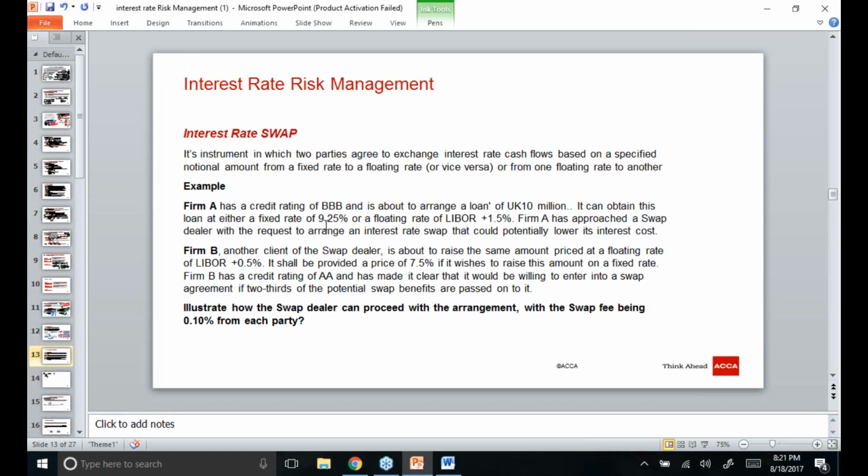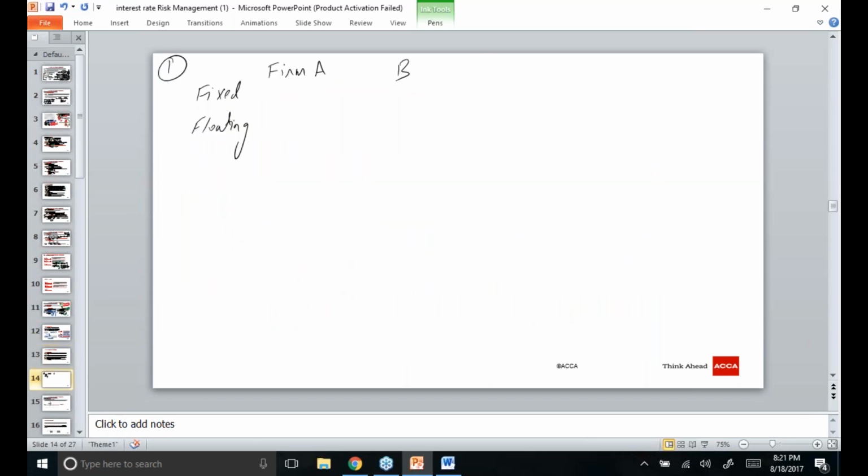The fixed rate of A was 9.25 and the floating was LIBOR plus 1.5.